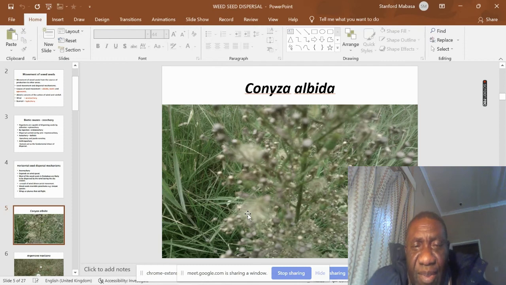Okay, let's proceed. So Conyza bonariensis has seeds with fluffy structures. This looks like cotton, but it allows the seeds to float in air.